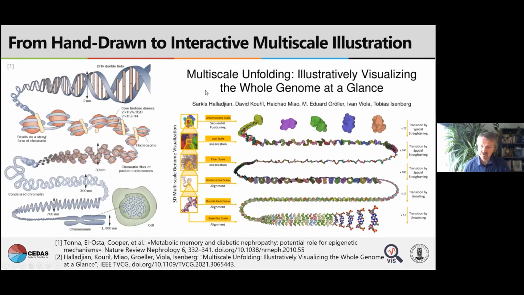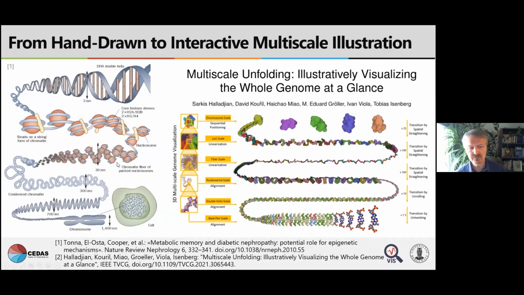I think very interesting is very recent work, again, by Ivan Viola in collaboration with Tobias Isenberg and others. Meister Kröller is also among the authors here, where there has been yet another instance of their principal idea of being inspired by artistic illustration.